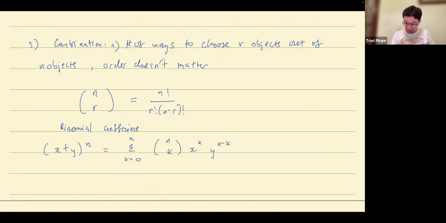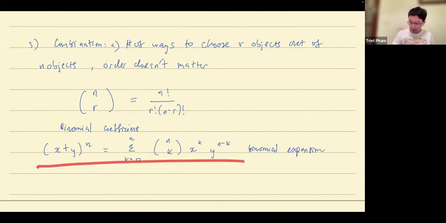So the reason, of course, is you expand this into n factors, and you choose k factors to be the x, the n minus k factors to be the y. This is the binomial formula, binomial expansion. And you should know this expansion, and you should know the reason why it works this way.